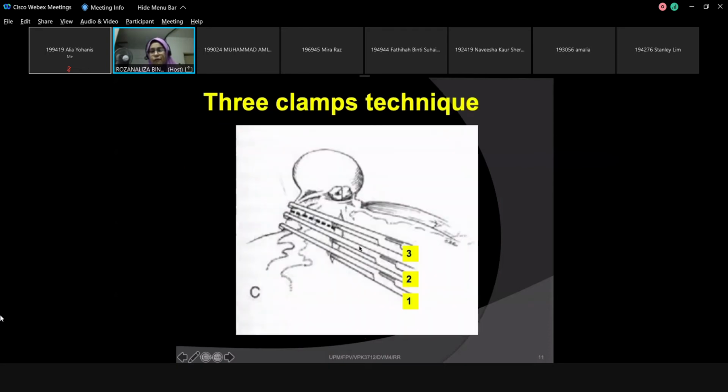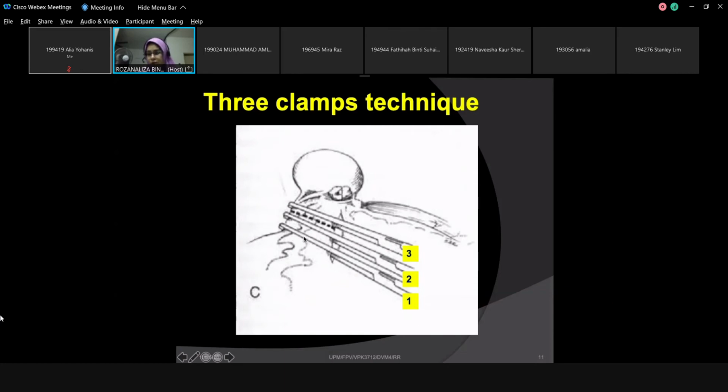Okay, so for OHE, we perform the three clamp pedicle technique, and always make sure that you ligate at the one nearest to the body. You don't want to ligate at number 3 and transect at number 1. Why I'm emphasizing this: in your seniors, DVM5, there are still people who ligate at number 3 and cut at number 1.